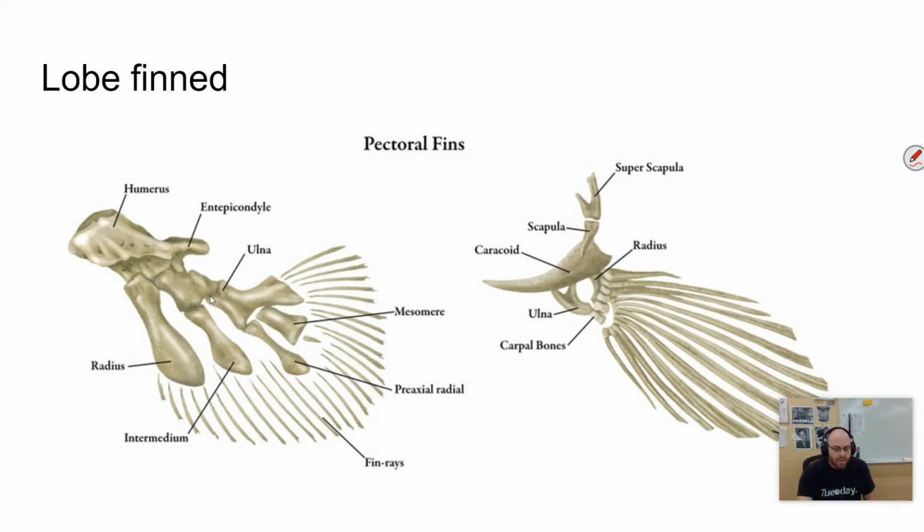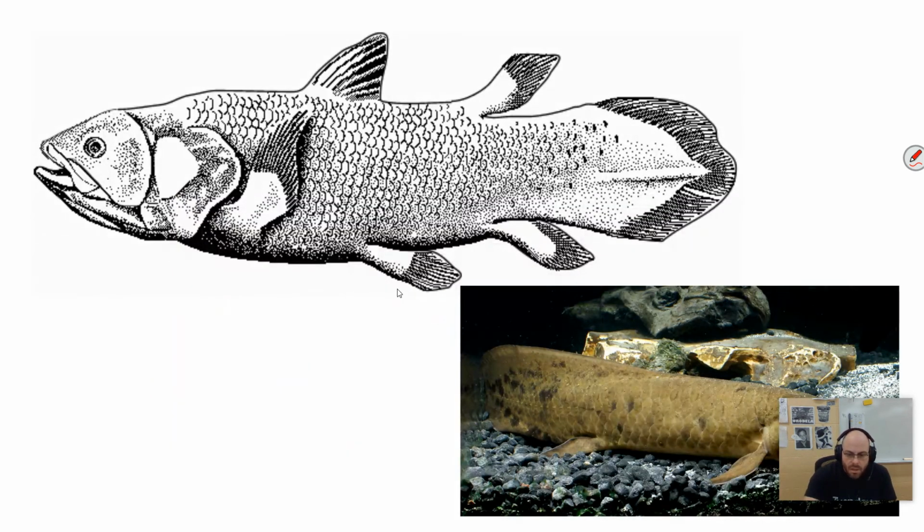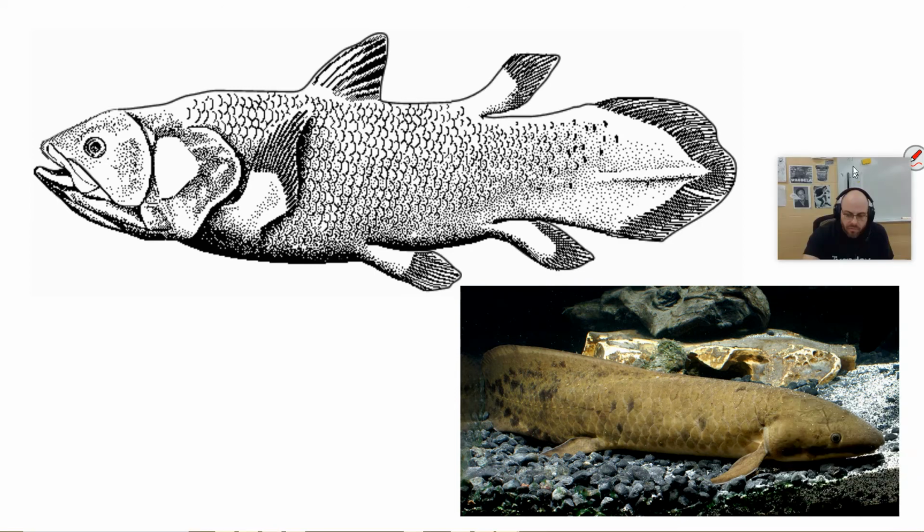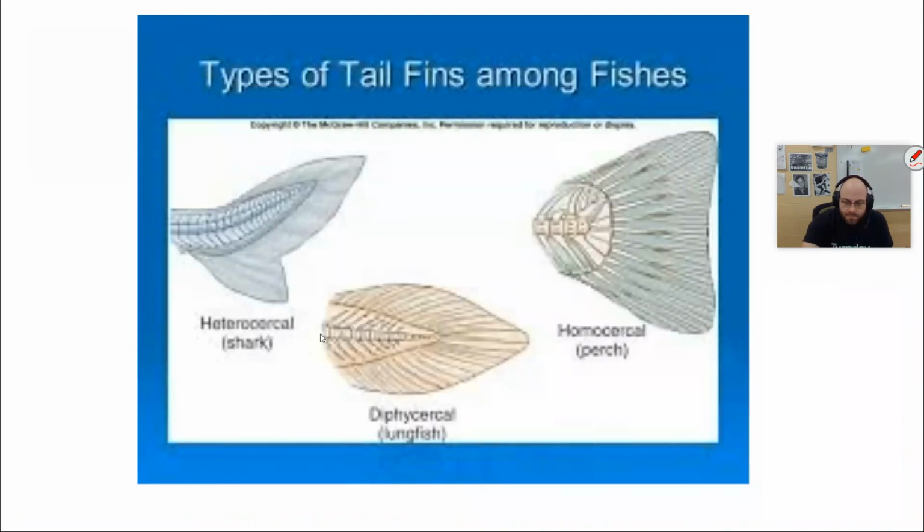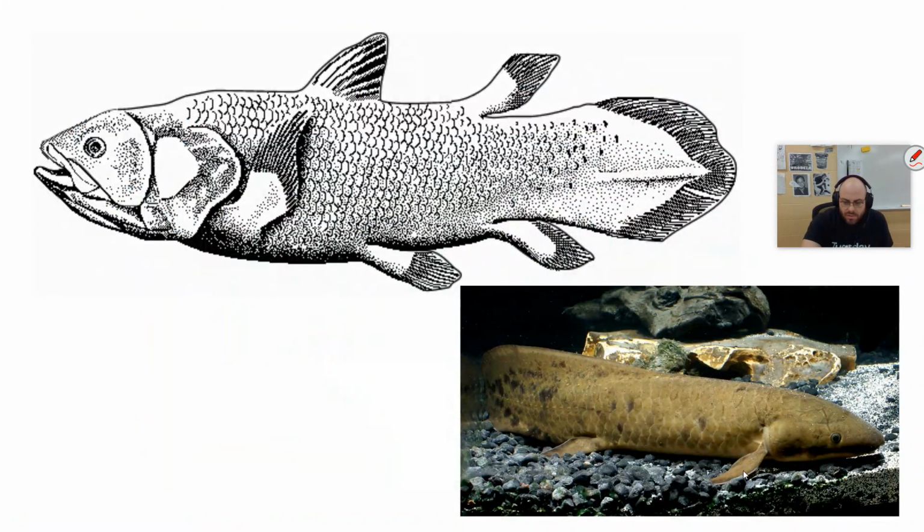Probably arm is a better way of thinking about it, because see how the fin has this big fleshy thing going on as opposed to just being that floppy thing. Here's a picture of one down here that I'm covering up currently. And so you can see it's more of a fleshy kind of fin there.